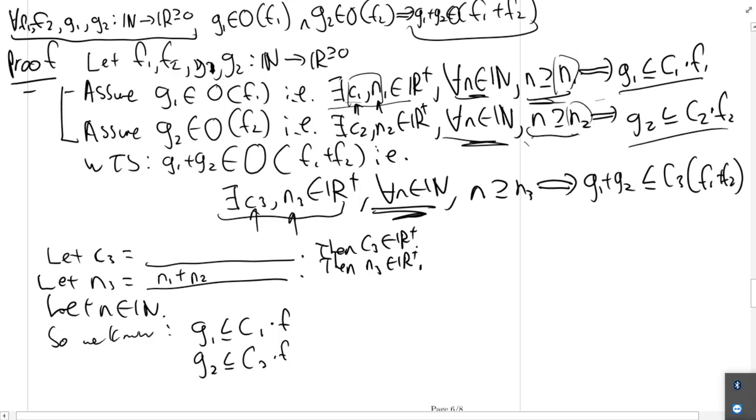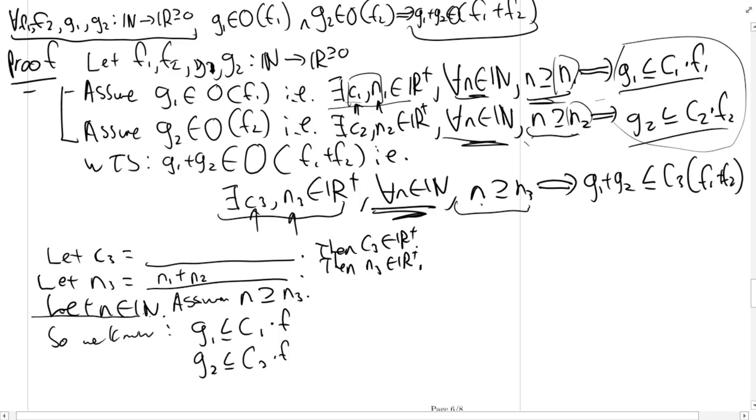So actually the proper step here is we write let n be a natural number, and then we assume that n is larger than or equal to N3. And because N3 is a combination of N1 and N2, you know that these are satisfied, right? Okay, so now we can use these.